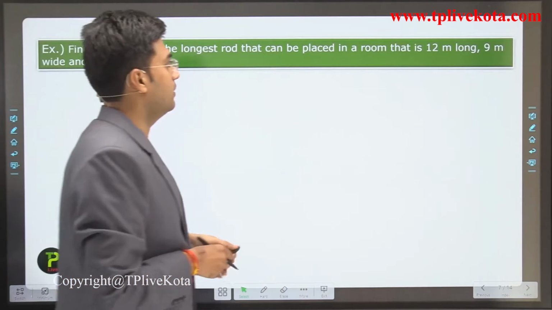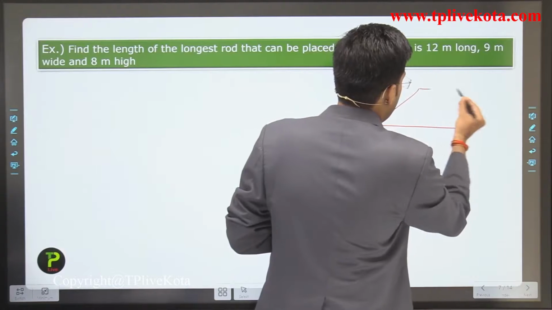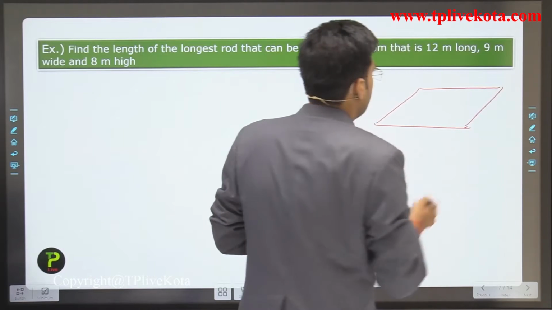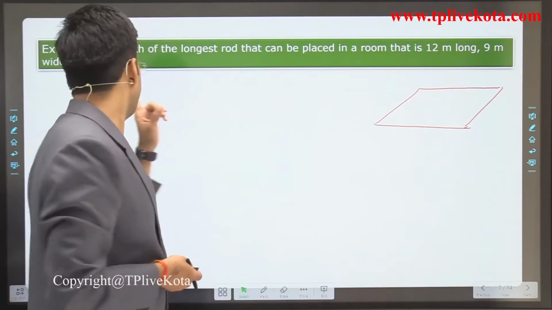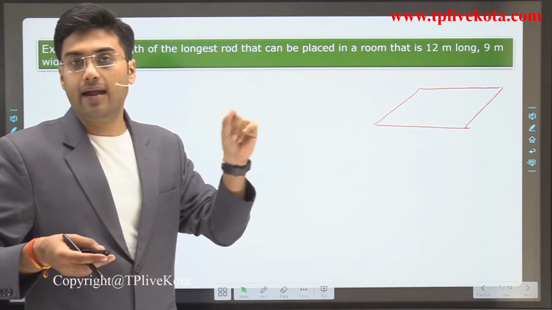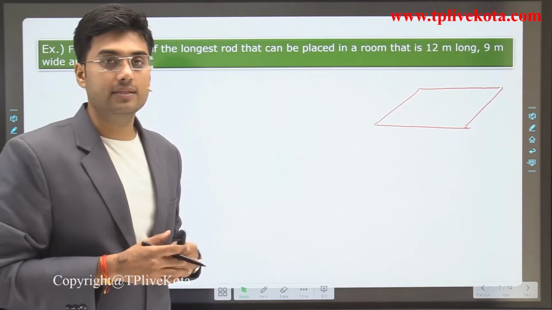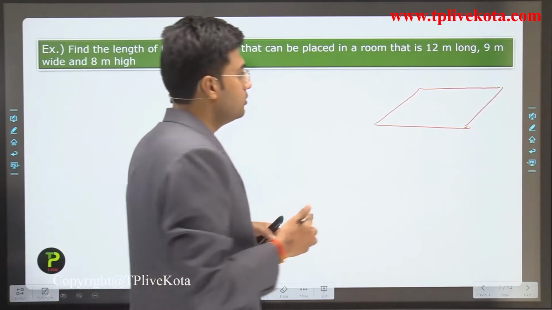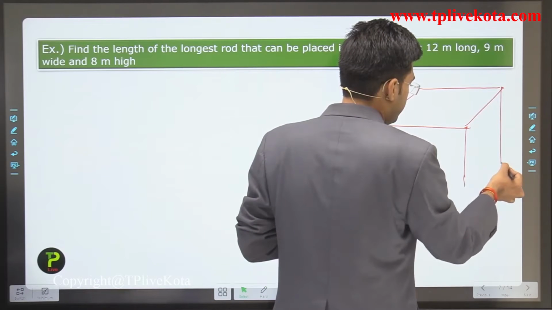Clear? Here the dimensions of the room are given: 12, 9 and 8. Length, breadth and height are different, so we can say that this room is in the shape of a cuboid. So this is the room.